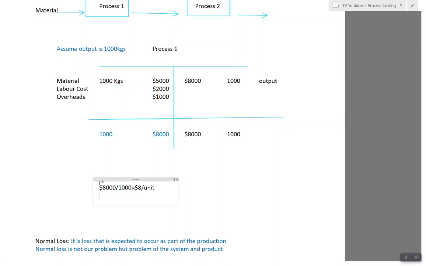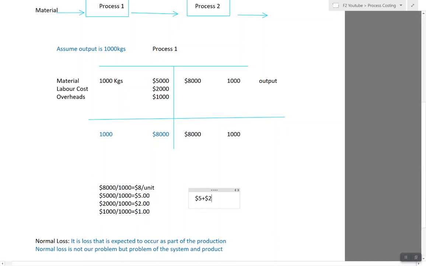Looking at it individually, we have 5,000 divided by 1,000, 2,000 divided by 1,000, and 1,000 divided by 1,000. When you combine 5 plus 2 plus 1, it becomes 8.